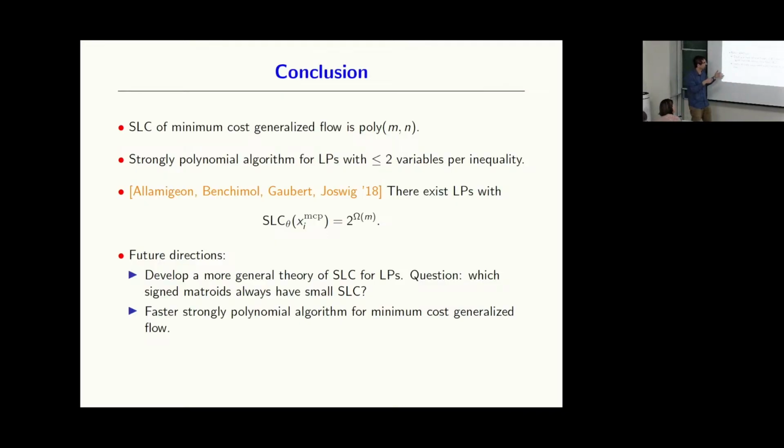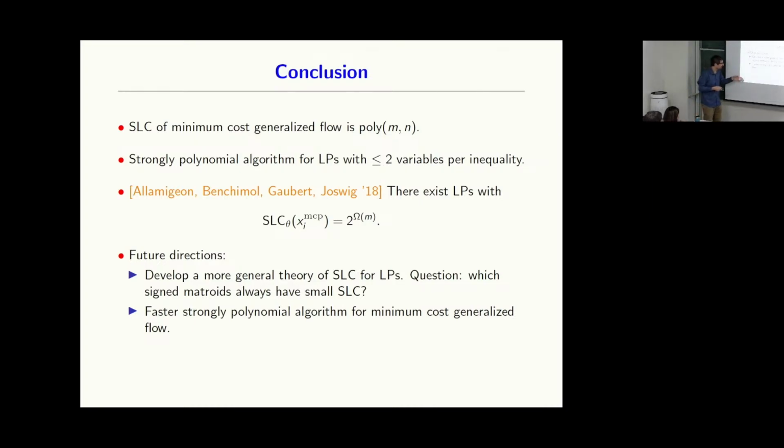So you could ask, are there other signed matroids such that any representation has small straight line complexity? Or what's the limit of this? I feel like maybe that's a question that can be answered.